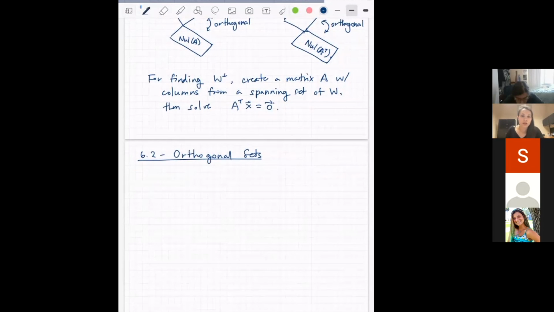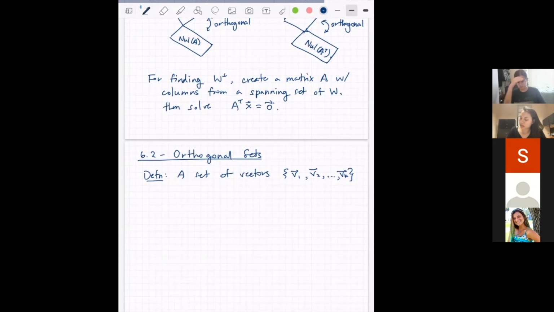Okay, so we'll have a definition of an orthogonal set. A set of vectors, so this is going to be a finite set of vectors, the vectors v1, v2, up to vk, right?